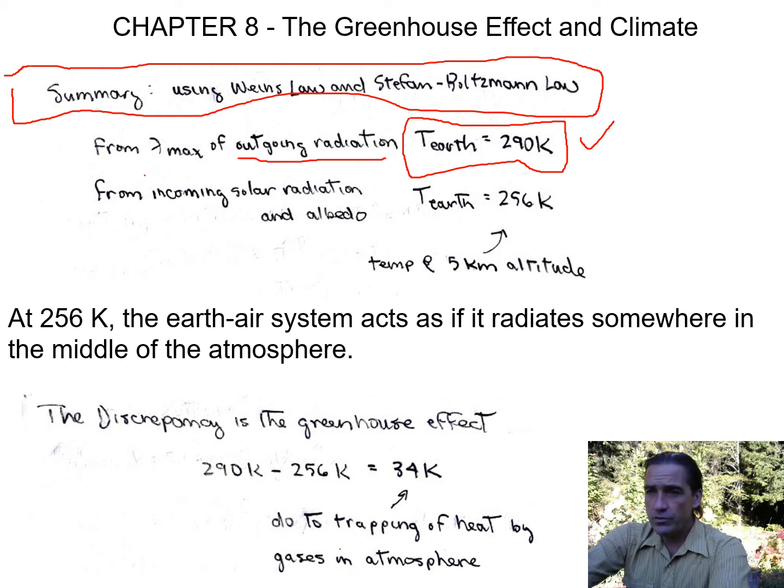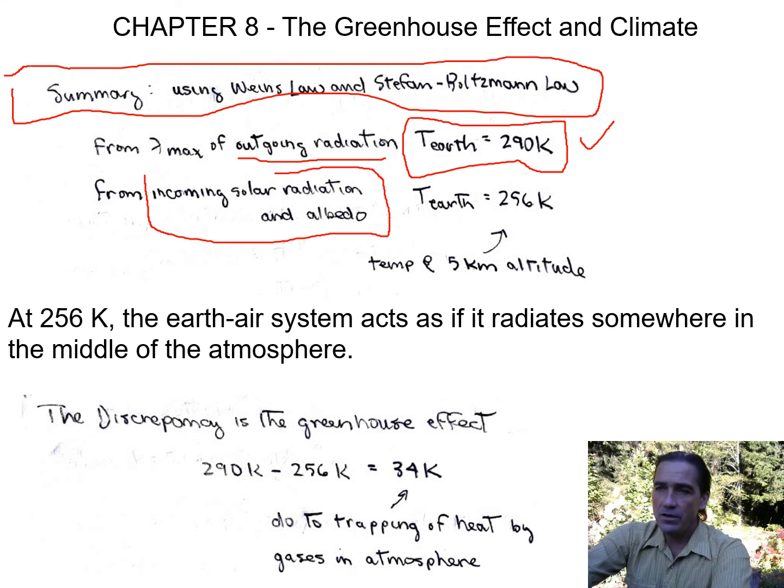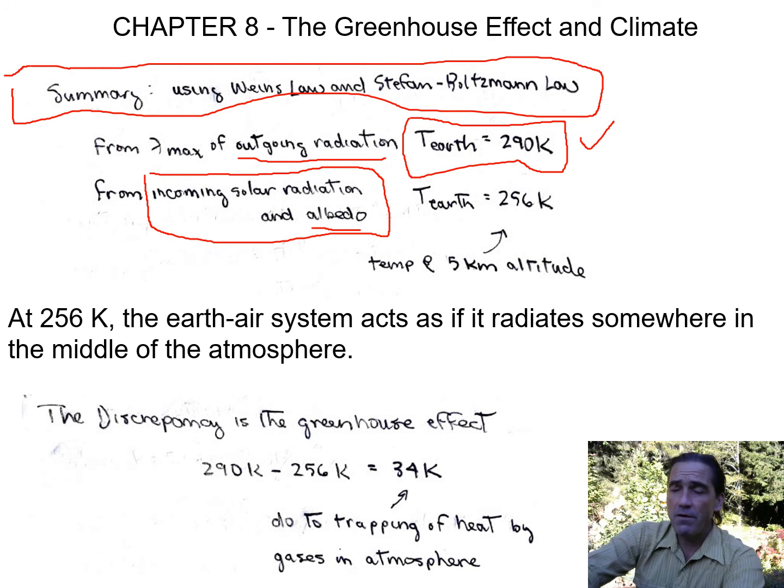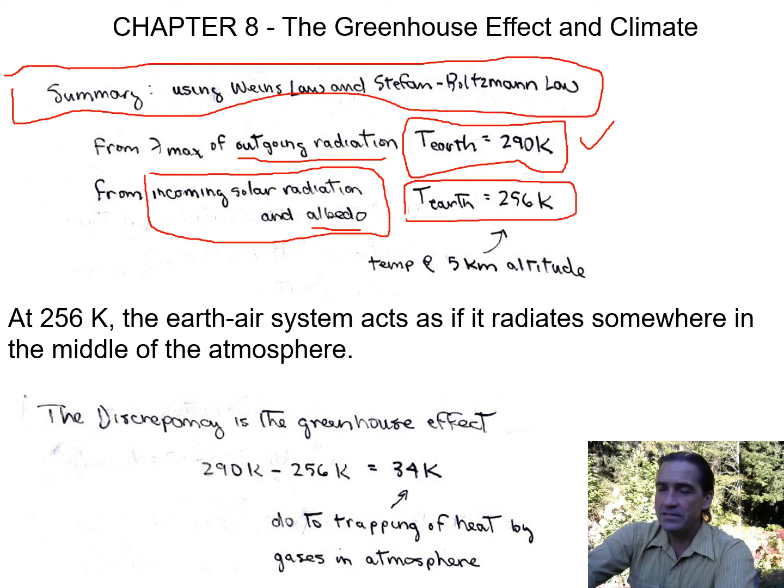However, if we were to consider the energy coming in from the sun and also consider albedo, reflecting some of that energy back into outer space, we would expect a temperature on Earth of 256 Kelvin. And this is a very reasonable calculation in terms of what we would expect the temperature of the Earth to be based upon the energy coming from the sun.